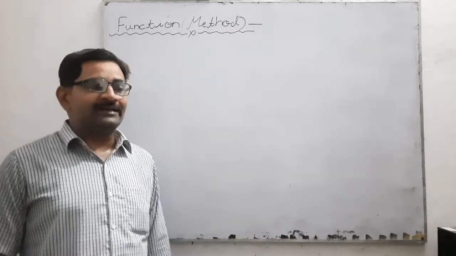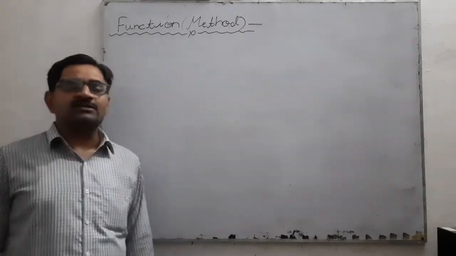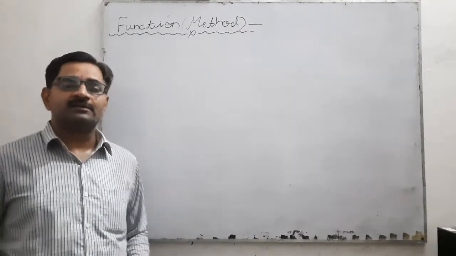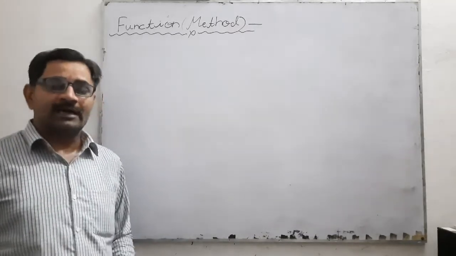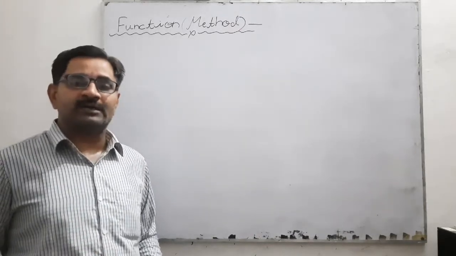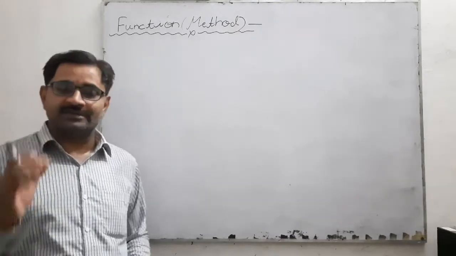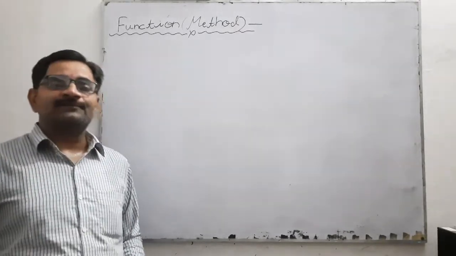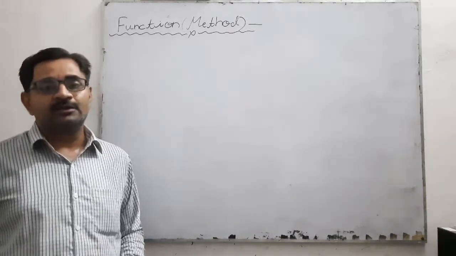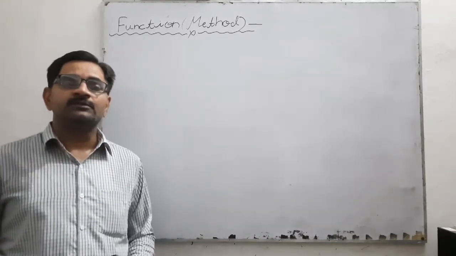So here we take a simple example. Suppose you have to design an application to perform the operations of a calculator. There are a number of operations performed by the calculator, but here we take only simple arithmetic operations. You know very well, addition, subtraction, multiplication and division are the arithmetic operations. So how can we do it in terms of a program?